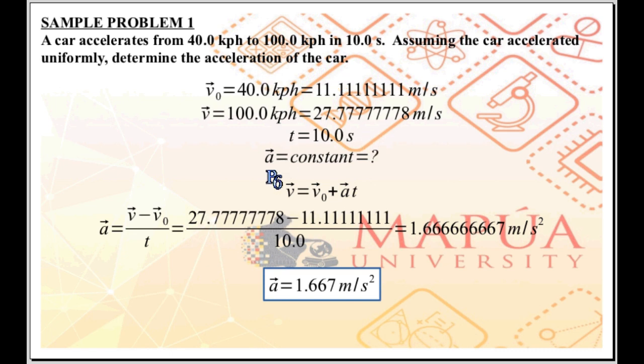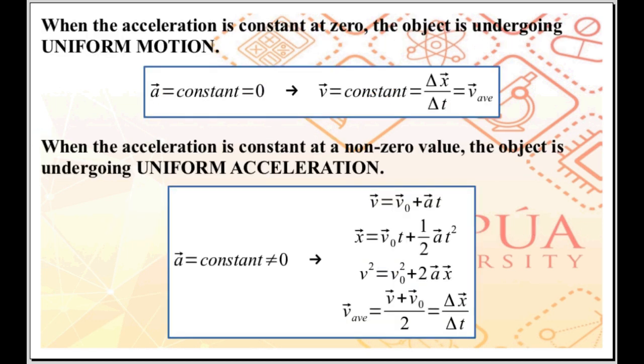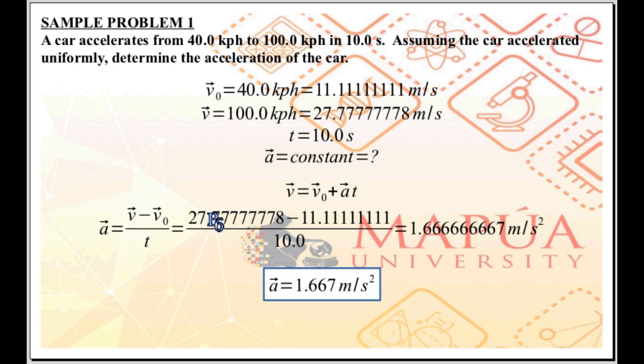We are being asked to determine the acceleration a. And we know a to be constant, uniform acceleration. Now for uniform acceleration, you have four equations to choose from. Again, going back to the previous slide, you have four equations to choose from. Trying out the first equation, v is equal to v naught plus at.